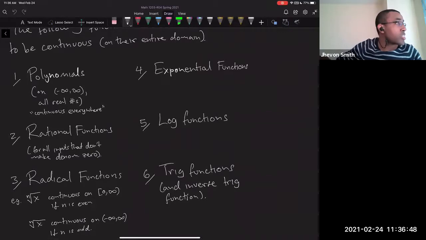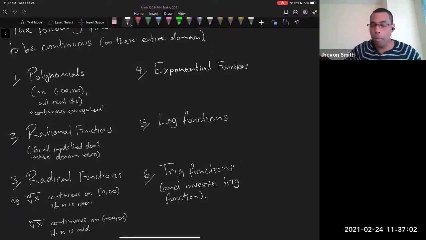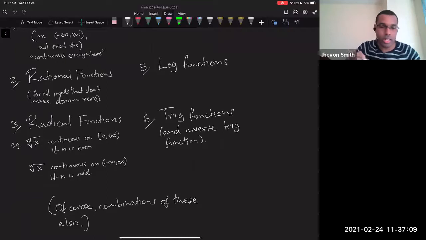So chances are, if I ask you to show something is continuous, it's going to be some weird combination of these, or maybe a piecewise function involving them. But if I just give you a polynomial and ask you, it's continuous, you don't have to show anything, right? So polynomials, rational functions, radical functions, exponential functions, log functions, and trig functions are continuous functions.